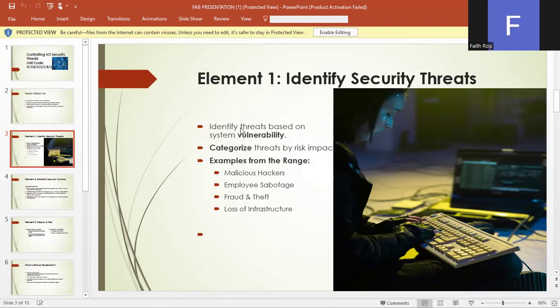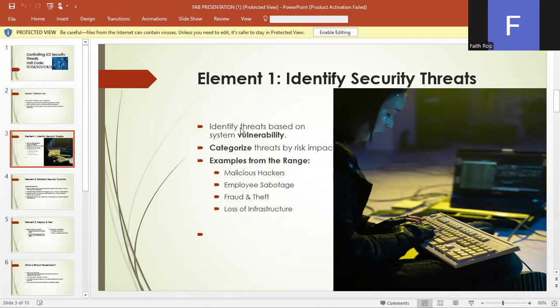You have to start by assessing the system vulnerabilities, the weaknesses that could be exploited by threats, which can be categorized by their potential risk and impact. Also, we have examples such as malicious hackers, employee sabotage, fraud and theft, and loss of infrastructure. There are examples of these threats.